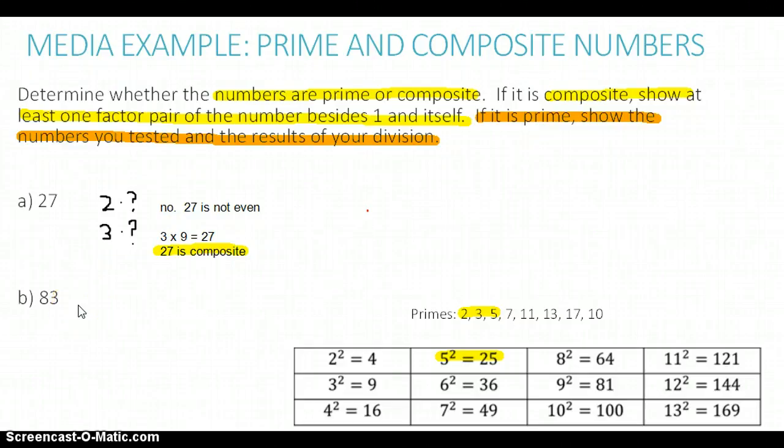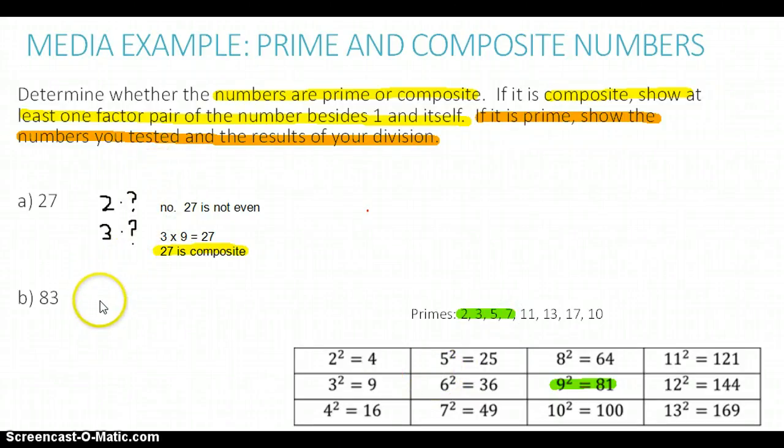Let's try the next one, 83. So 83 lies between 81 and 100, and we round down, and we see that 81 is 9 squared. So to test whether 83 is prime, we only need to check prime numbers less than 9. And that would be 2, 3, 5, and 7.